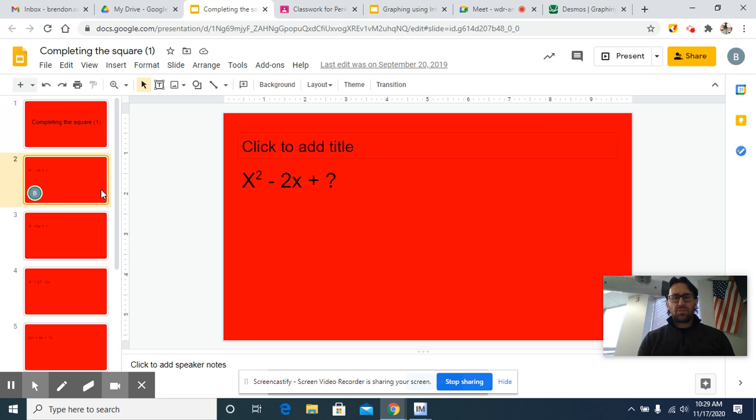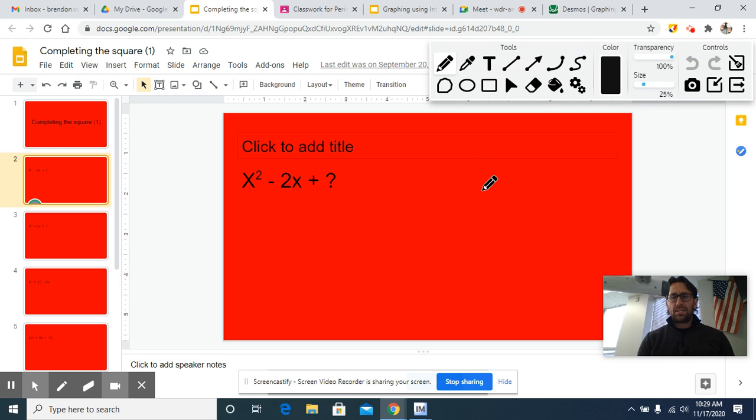The first, you just got to learn the formula for completing the square, and it's b over 2 squared. So you take what b is, so that's -2, plug it into the equation.